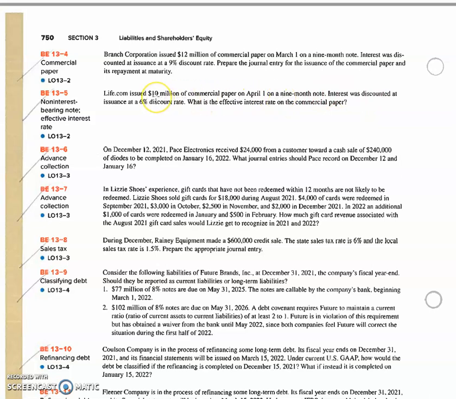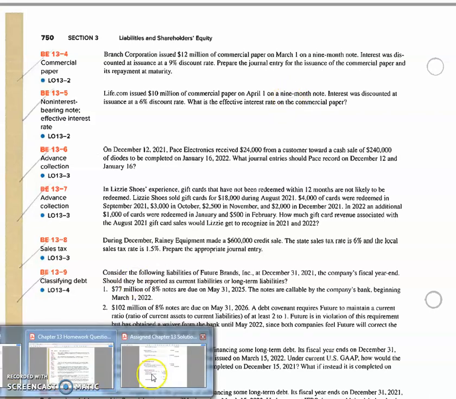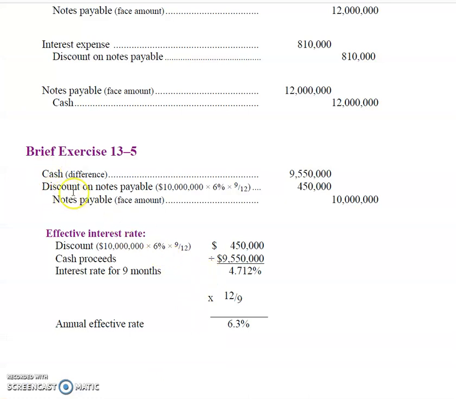To get that, we take $10 million times 6% times 9/12. That'll give us the amount of the discount, which is $450,000. So the amount of cash we receive is $9,550,000.